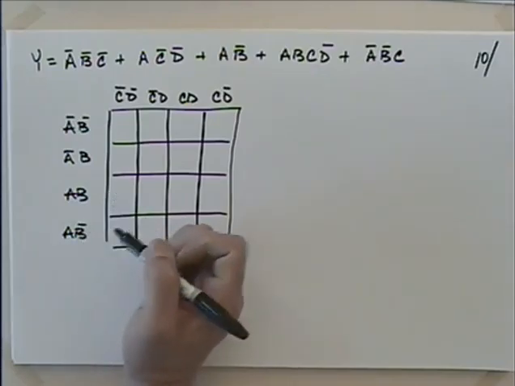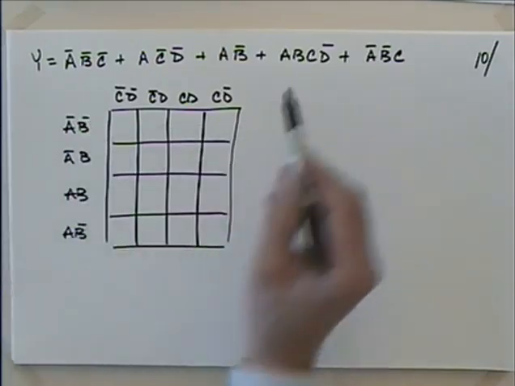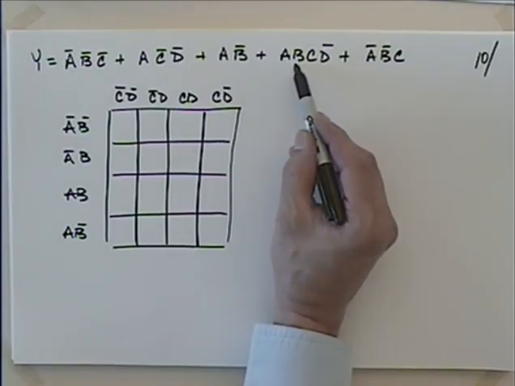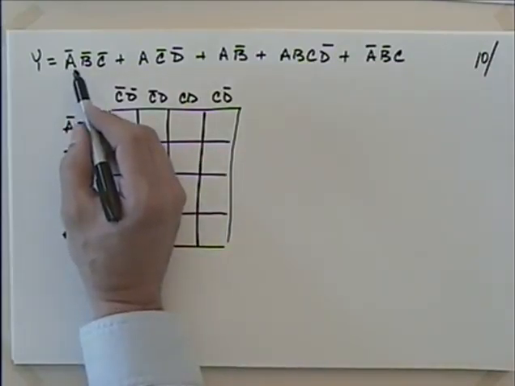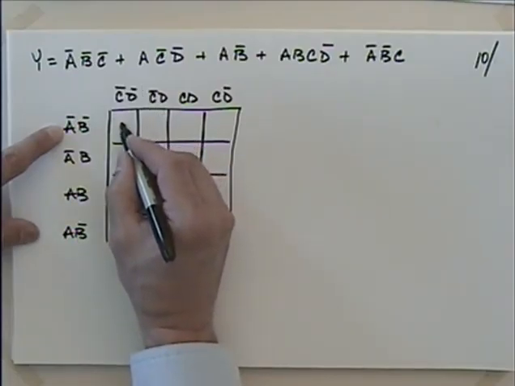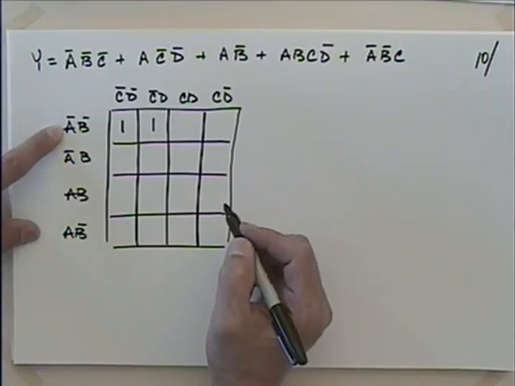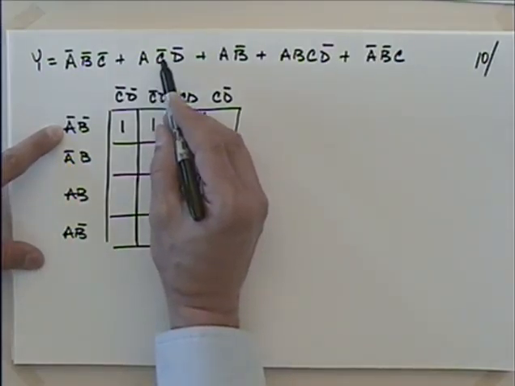Yep. Okay, so let's see. The first term is the only one that's going to be reasonably easy. The rest of them, I'm going to end up with a lot of ones in this thing. So if I look at this, where do I have not A, not B? That's going to be the first row, and then anywhere that I have not C. There's a not C, and there's a not C. So that's the first term.